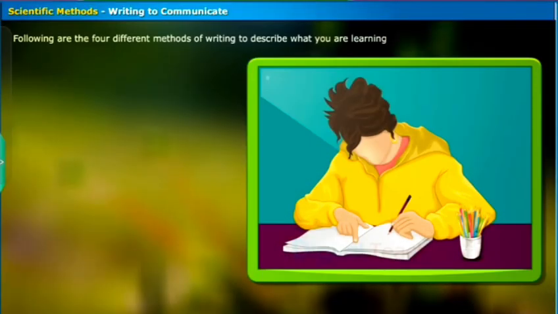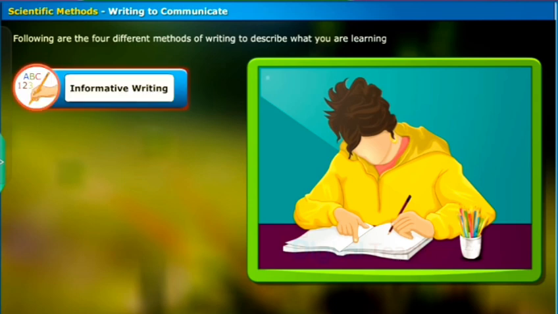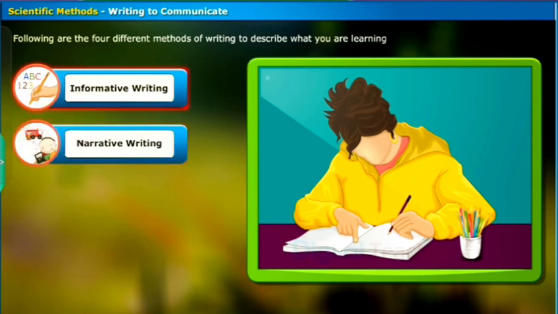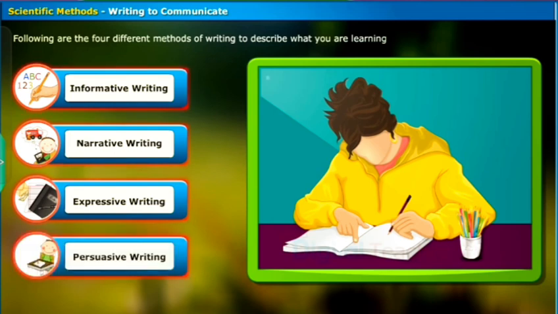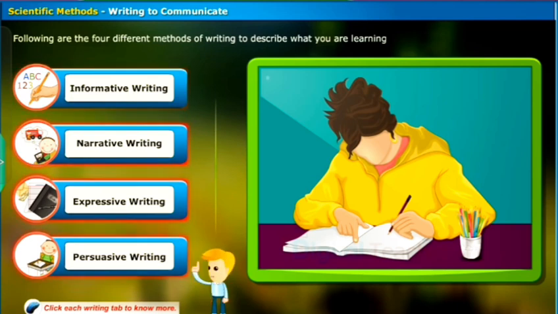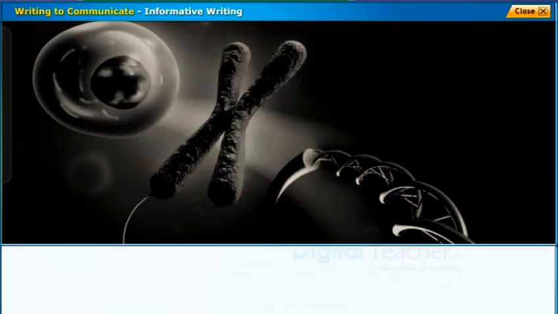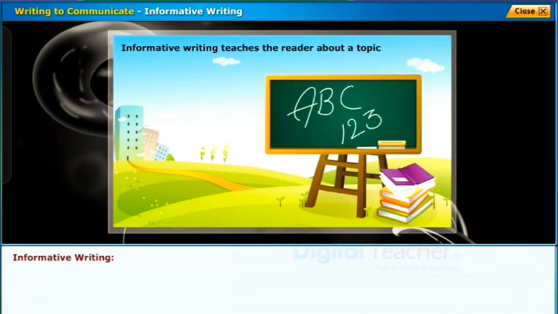Following are the 4 different methods of writing to describe what you are learning: informative writing, narrative writing, expressive writing, persuasive writing. Click each writing tab to know more. Informative writing.